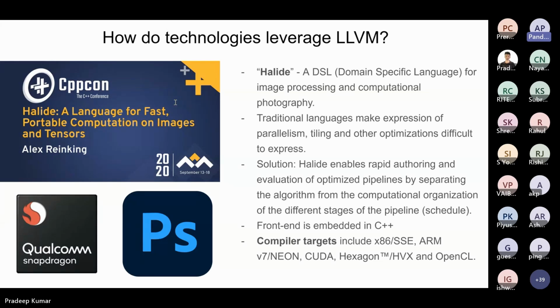The other is as a compiler target, since x86, ARM, Hexagon, and many other backends are supported by LLVM. It's used to power this technology that enables you to write very fast code for image processing and computational photography. Your phones have various effects and modes like bokeh and various filters. That's where Halide comes in, and it can do things like image sharpening and a lot of other things.